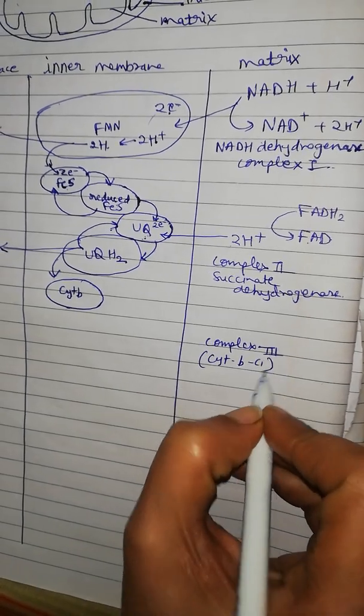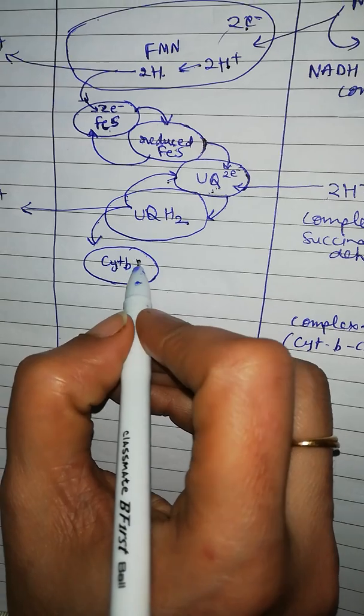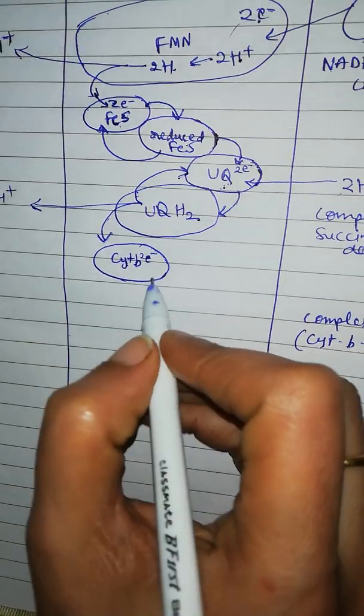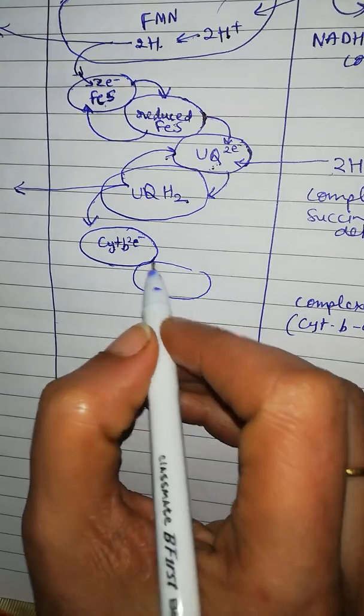BC1 complex. So this cytochrome B receives 2 electrons, then it gives its electrons to FeS.